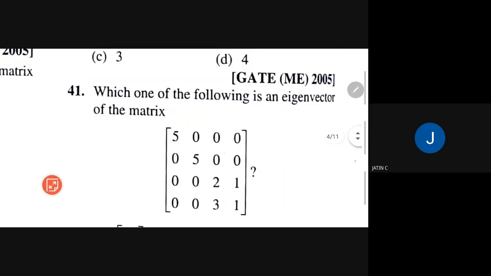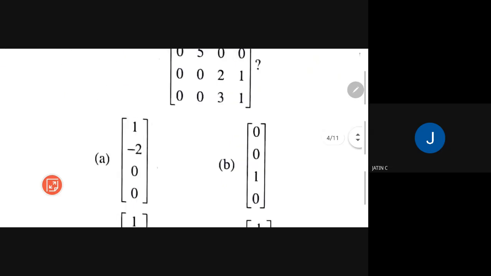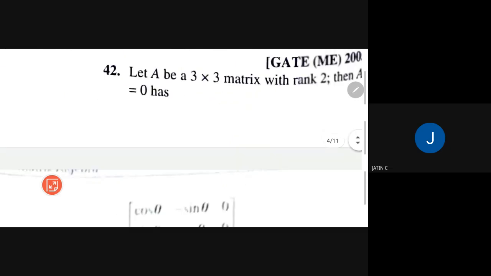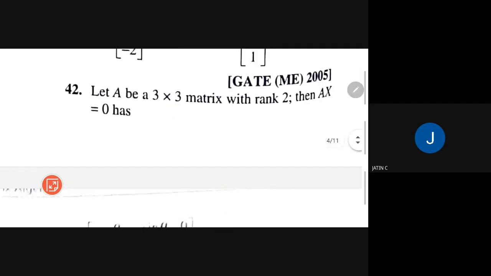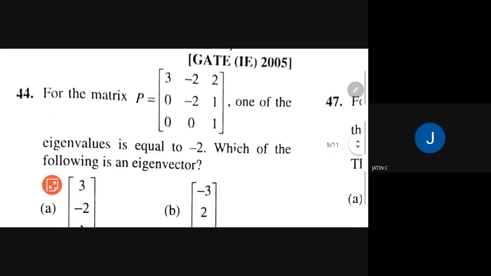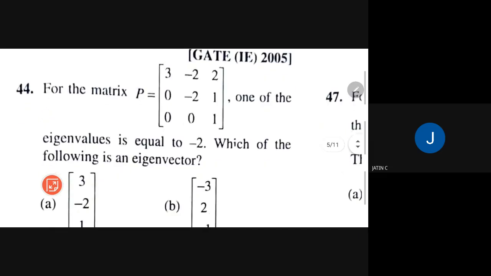So which one of the following is an eigenvector of the matrix? That you can easily do. Question 42: let A be a 3 by 3 matrix with rank 2, then Ax is 0. This is also an easy one. Identify which one of the following is an eigenvector of the matrix A. One of the eigenvalues is equal to -2.